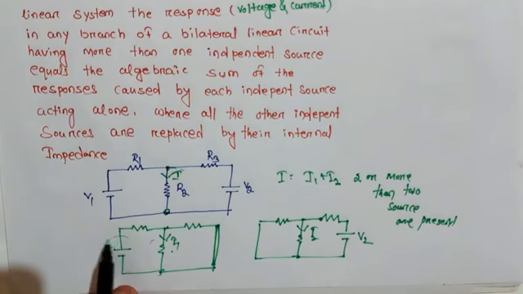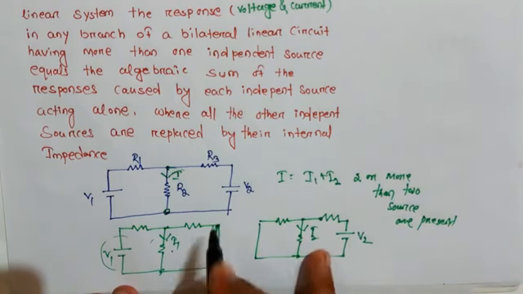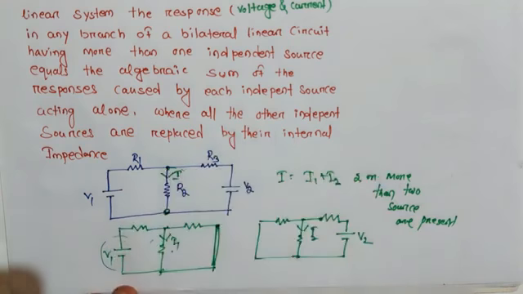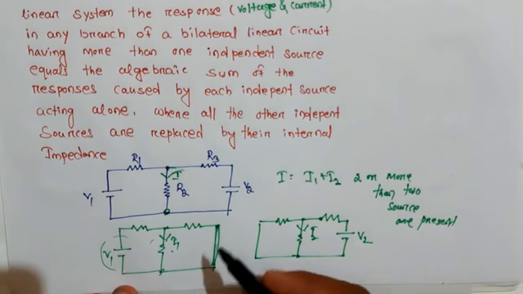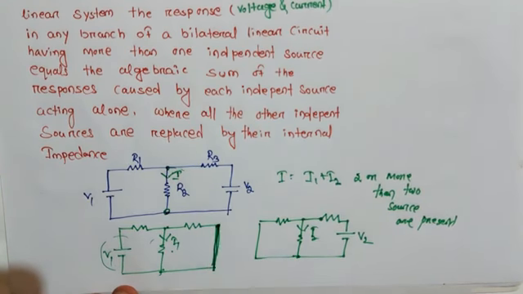When we consider one source, all other sources are replaced by their internal impedance. Practically, any source contains internal impedance, or in a DC circuit we only consider resistance. Here we consider an ideal source, so it has zero resistance or impedance, so it is short circuited.